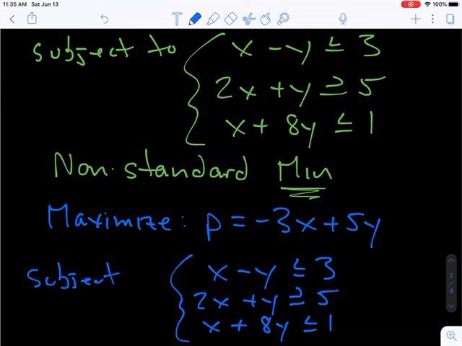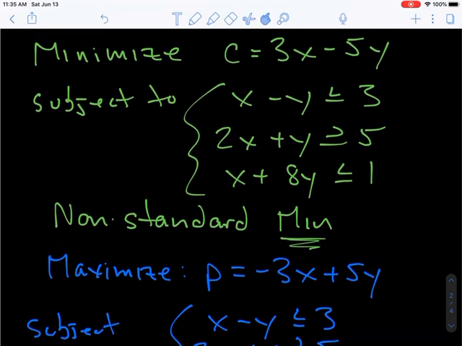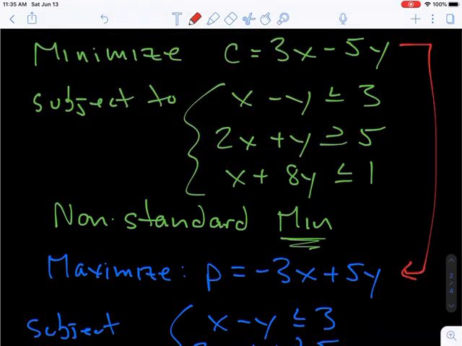Notice that the constraints do not change. The only thing that changes here is the objective function, and we're only changing the signs of the terms on the left-hand side.